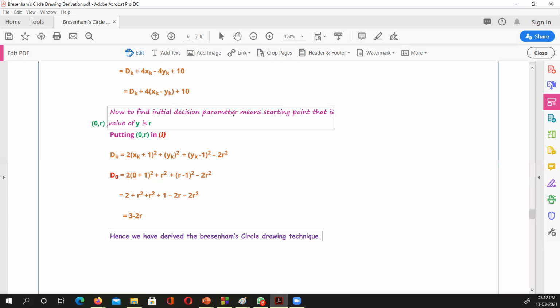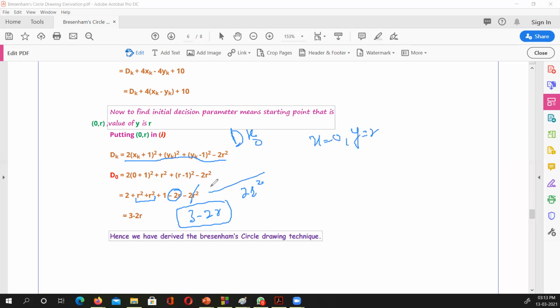So 2 plus 1 is 3 and minus 2r, so 3 minus 2r will be our initial decision variable, where x is 0 and y is r. So initially the decision variable equals 3 minus 2r. Okay, now let us derive the other ones.